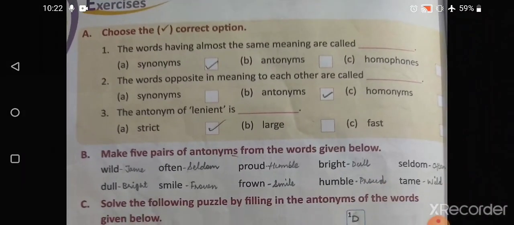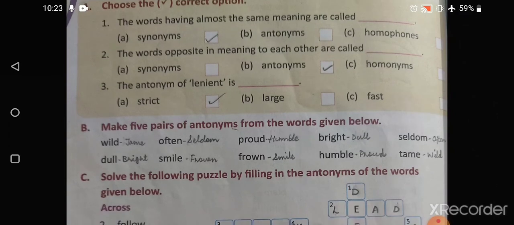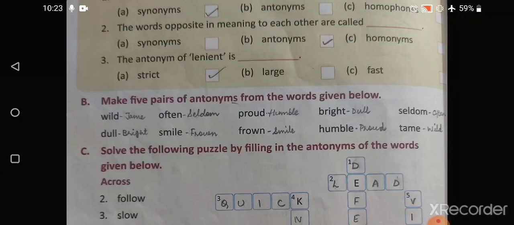The words having almost the same meaning are called synonyms. The words opposite in meaning to each other are called antonyms. The antonym of lenient is strict. Okay. Make 5 pairs of antonyms from the words given below. This was the same exercise that we have done in the synonyms, but I have written it this way.